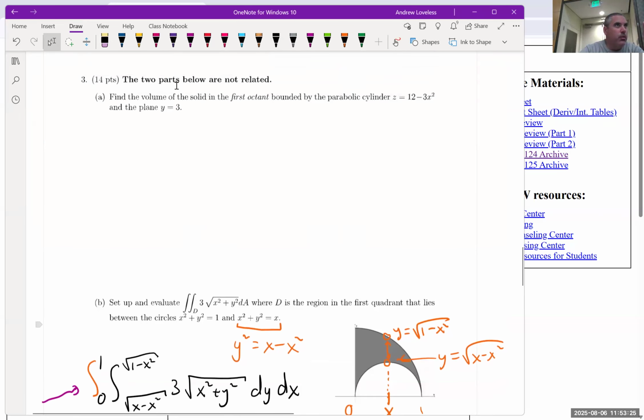Anybody in here have a particular one they want to look at? Yes. Yeah, let me think for a second.